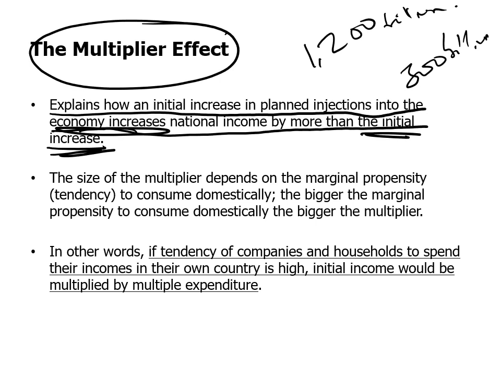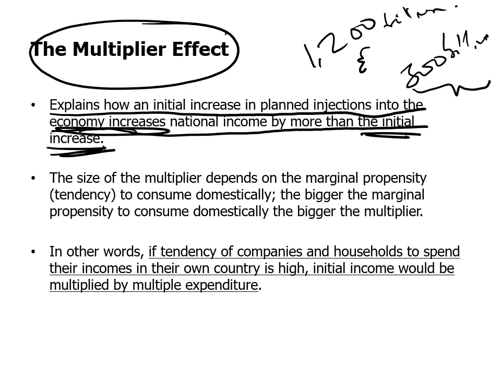So what we had in the previous slide was we increased aggregate demand by something like that, and output increased by more than that. So that is an example of the multiplier effect: the national income is increased by more than the initial increase.